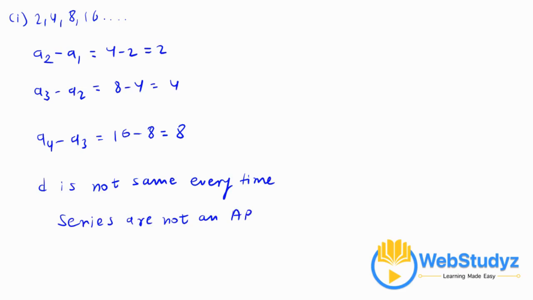Now move on to the second series, which is 2, 5 by 2, 3, 7 by 2 and so on.